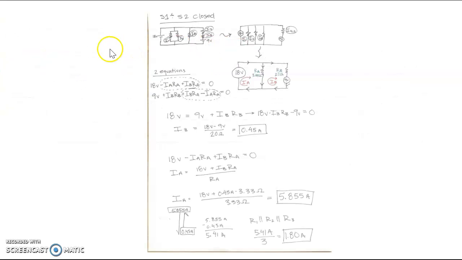So I set up the equations that I know, because this is the total volts, and then I'm subtracting IA and RA, but I'm adding IB and RB, RA. And I set that up to equal 0, and then 9 volts plus IB RB plus IB RA minus IA RA equals 0.